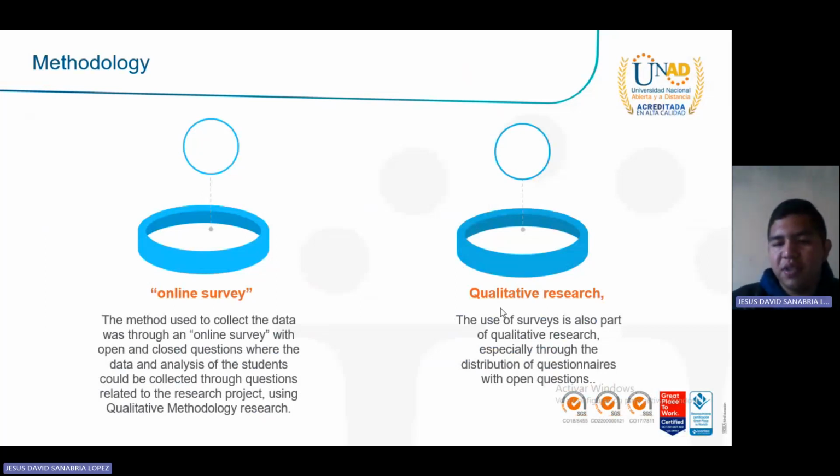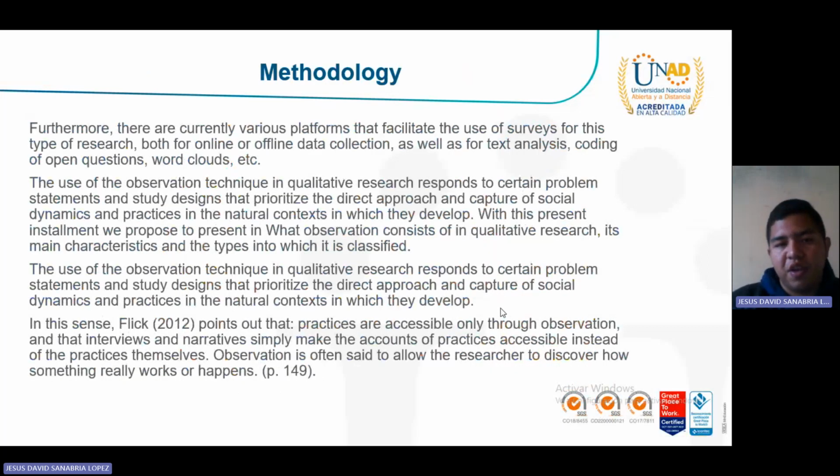The use of surveys is also part of qualitative research, especially through the distribution of questionnaires with open questions. Furthermore, there are various platforms that facilitate the use of surveys for this type of research, both for online and offline data collection, as well as for text analysis, coding of open questions, workflows, etc.